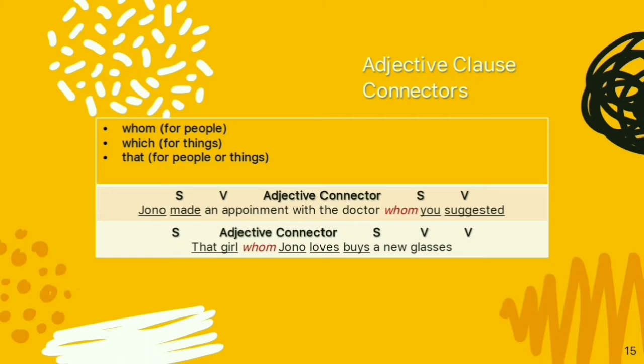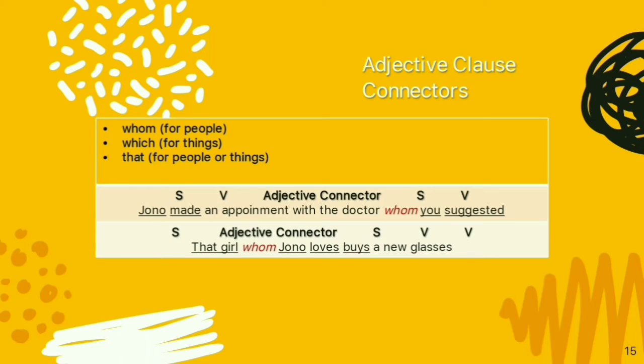For example, Jono made an appointment with the doctor whom you suggest. Jono as subject, made as verb, whom as adjective connector, you for another subject, suggest for another verb.